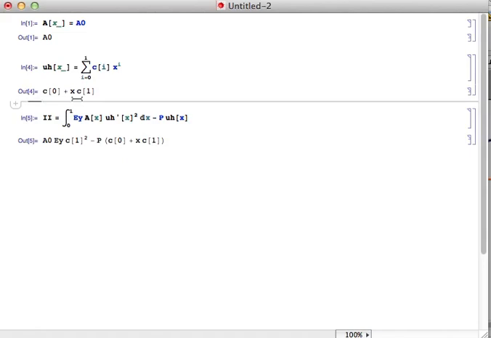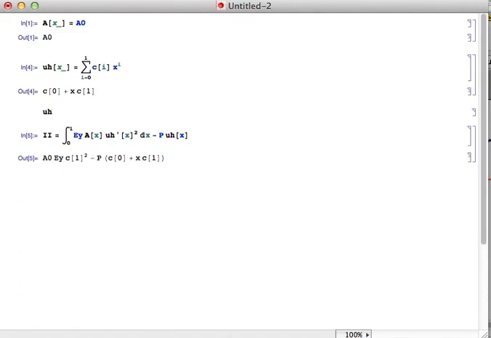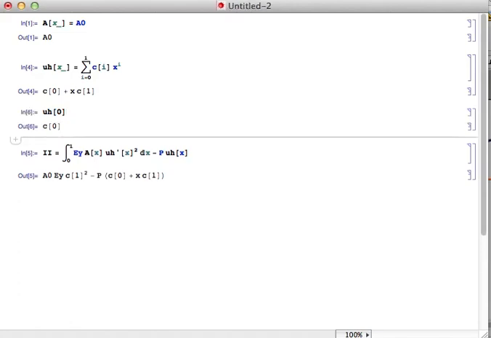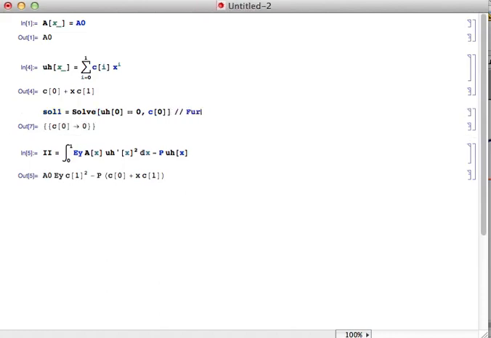So the first thing, we can just allow Mathematica, so we want u at 0 to be 0, so that implies that C0 has to be equal to 0. So if we tell Mathematica to solve u at 0 equal 0 for C0, then there we have the solution, okay?